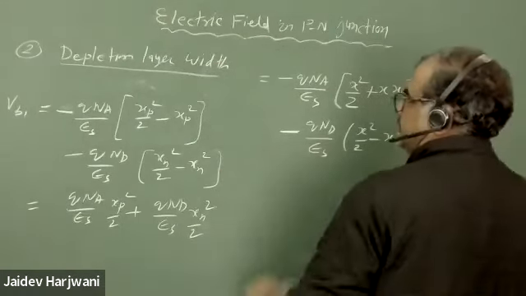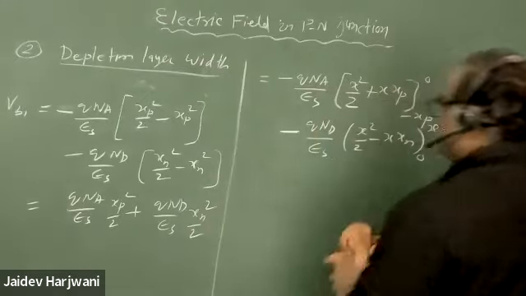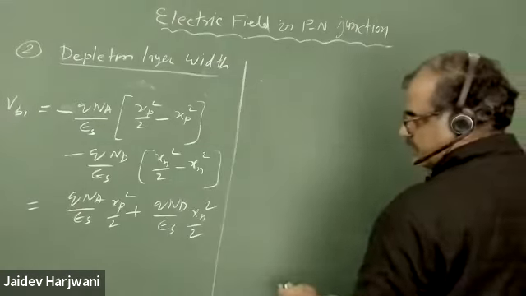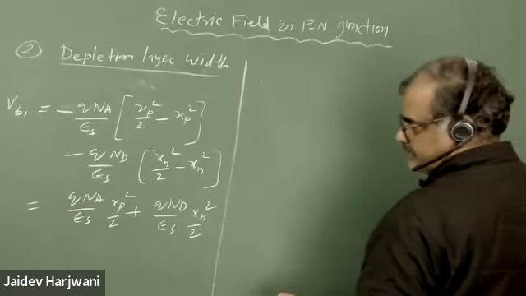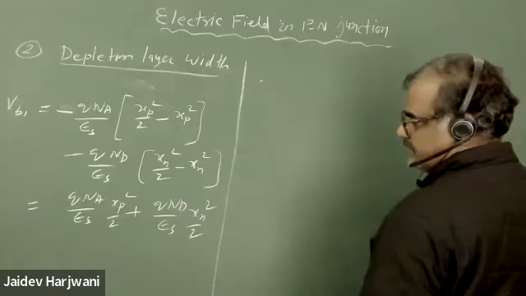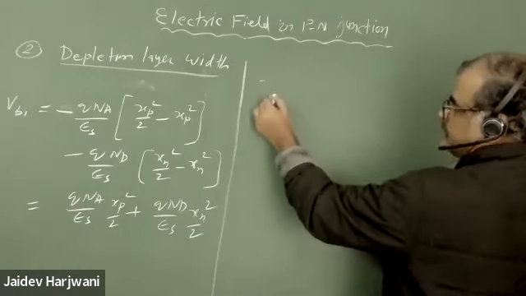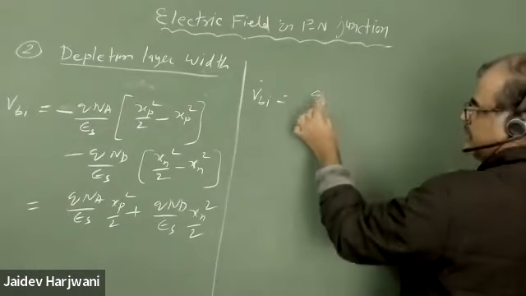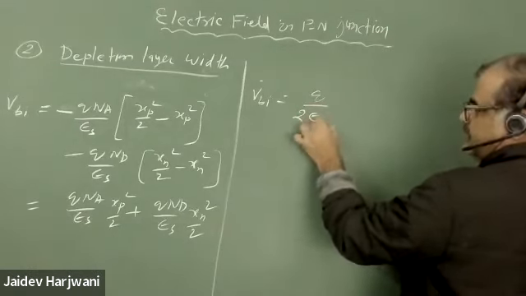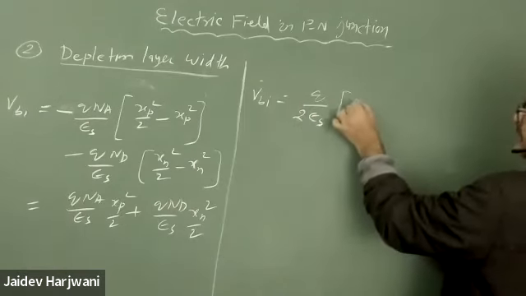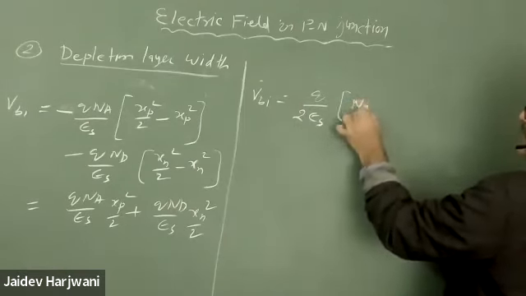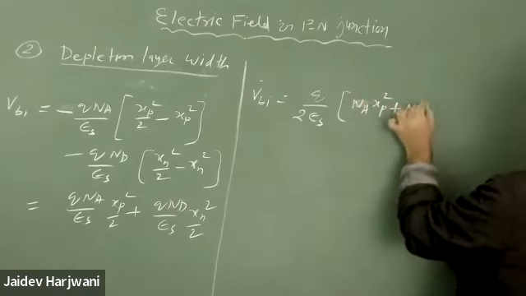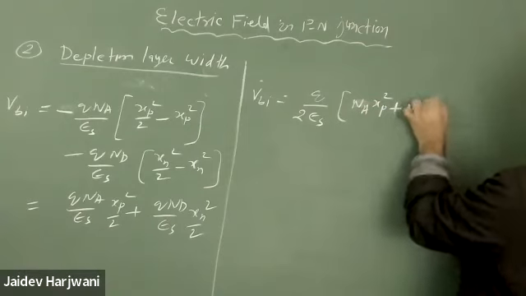So now if I solve this further, what will this give me? If I take common, what can I take common? 1 by 2 q by es. So VBI, if I take q common, 2 es common, I can get na xp square plus nd xn square.